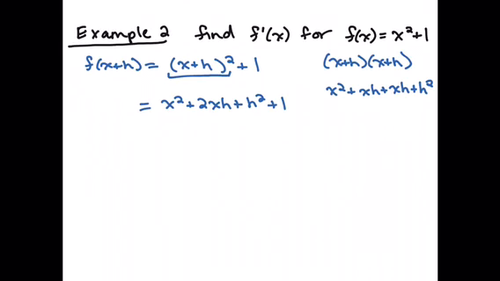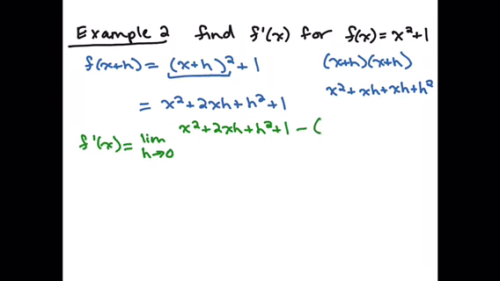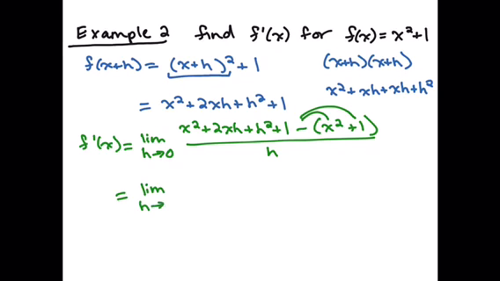So if I plug into the formula for a derivative, we plug in our f of x plus h, which is x squared plus 2xh plus h squared plus 1, minus our original function, all over h. So we're going to distribute that minus. And I keep my limit notation until we do our direct substitution.